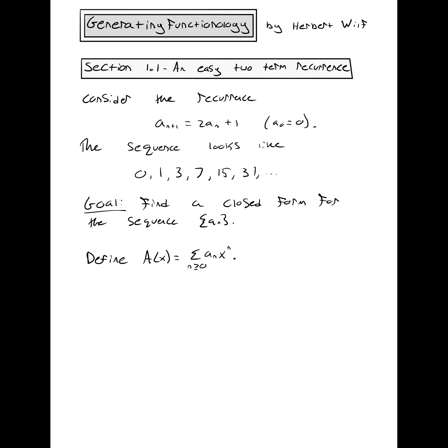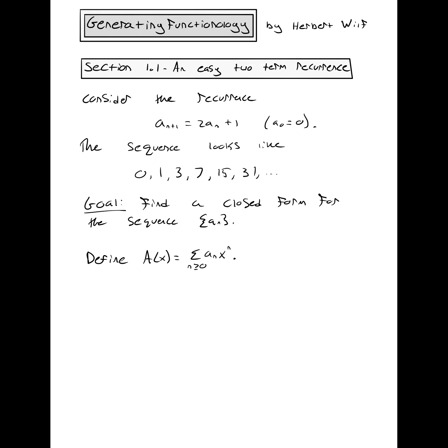And honestly, if I put 1 in for x, it seems like it's just going to be my sum. It's just going to be a sub 0 plus a sub 1 plus a sub 2, and it'll just continue. So I can kind of view that like a sequence. It's almost like when I put in 1, it gives me the sequence right back out. And that's kind of nice.